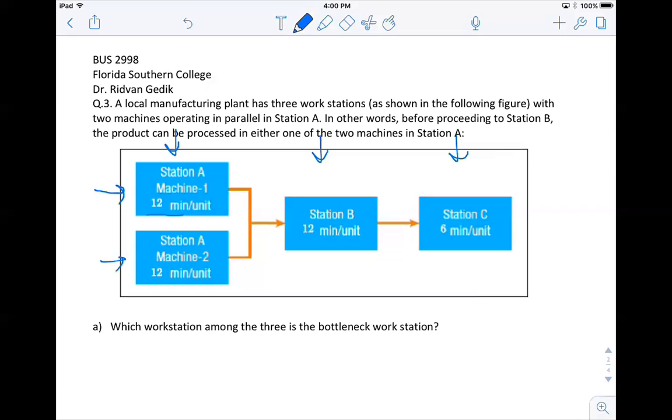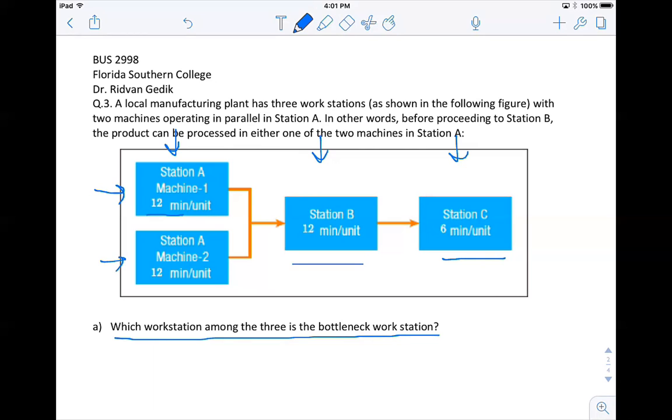In station B, on the other hand, the production pace is 12 minutes per unit, and station C is 6 minutes per unit. And our first question here is part A. It asks which workstation among the 3 is the bottleneck workstation? Well, the first step to detect the bottleneck operation is to understand the main flow of the entire manufacturing layout.